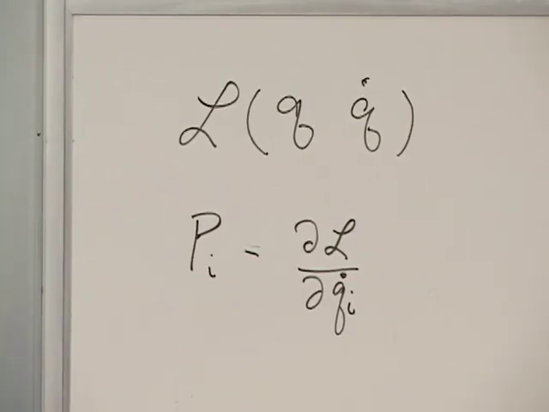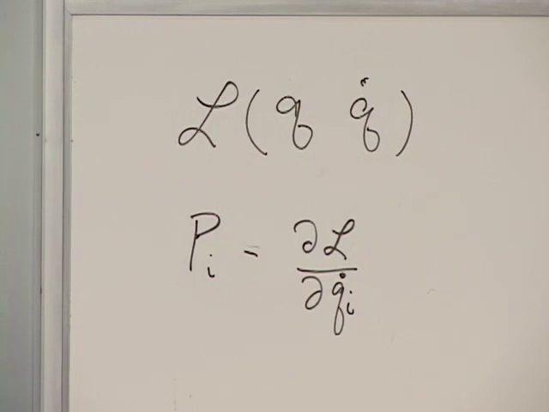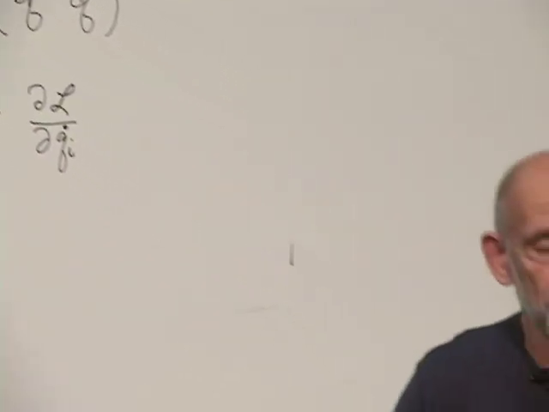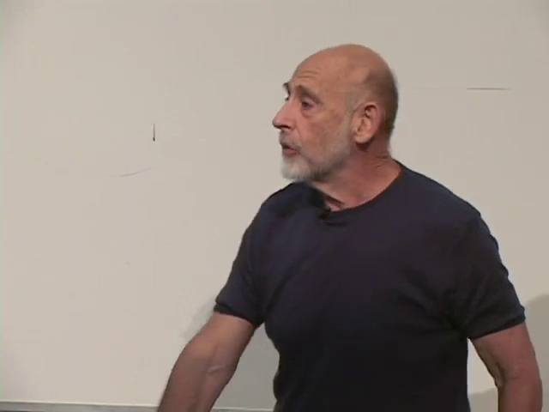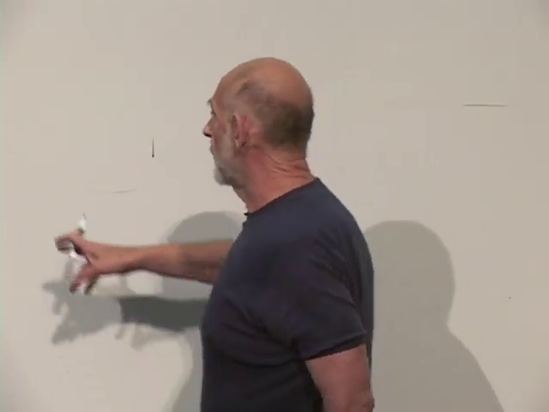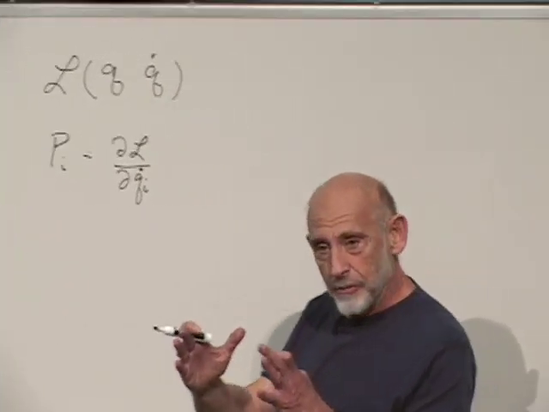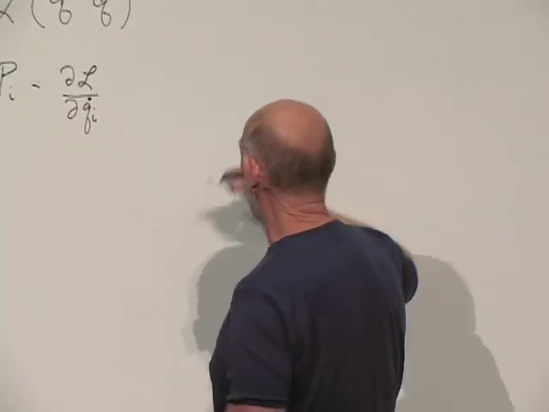Now, I'm not going to derive Noether's theorem for you. I'm just going to state it, remind you what it is. Suppose you have some symmetry which involves a transformation on the q's. It's an infinitesimal symmetry where you just shift things by a little bit.